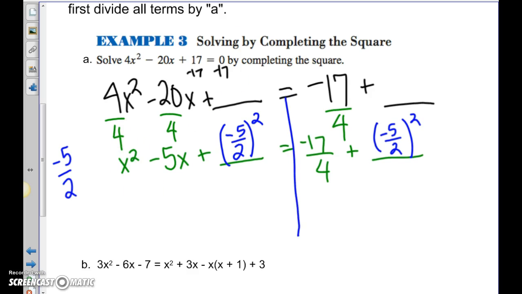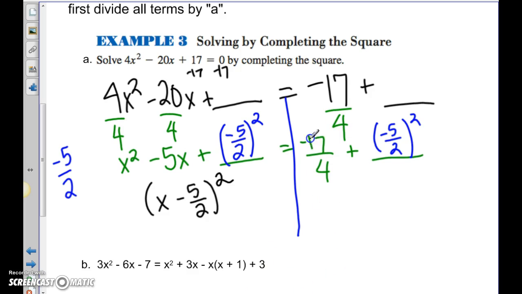So now this is going to end up being x minus 5 halves, all squared. It's got to be minus because of that.